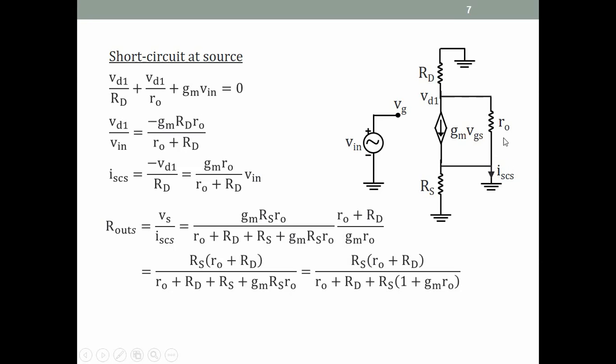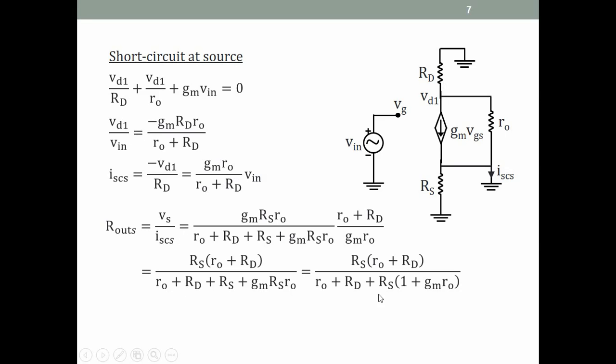We can write it as VD1 by RO plus GM VGS, but that is equal to minus VD1 by RD. So we just write minus VD1 by RD here, and we've just found VD1. So minus VD1 by RD is GM RO by RO plus RD into V in. So we found the short circuit current, and then we find the resistance looking into the source as the open circuit voltage divided by the short circuit current.